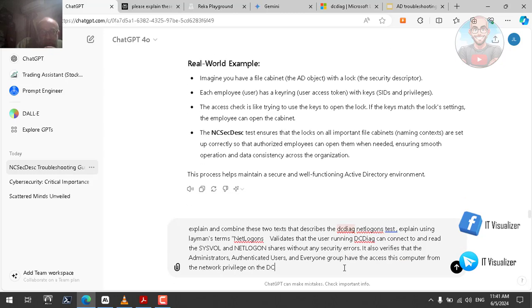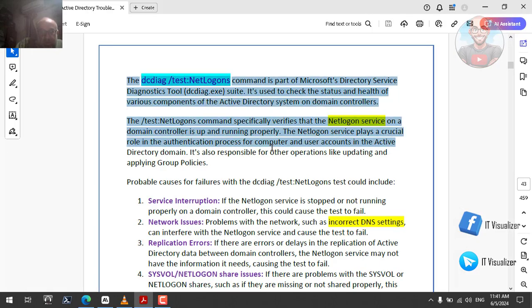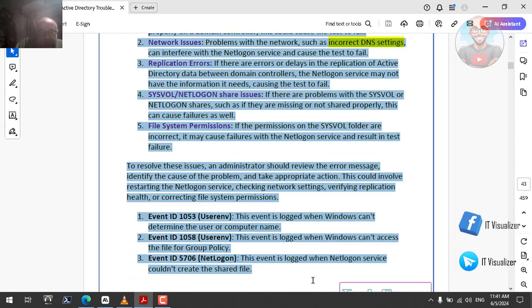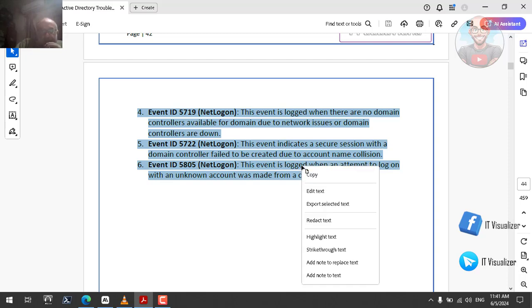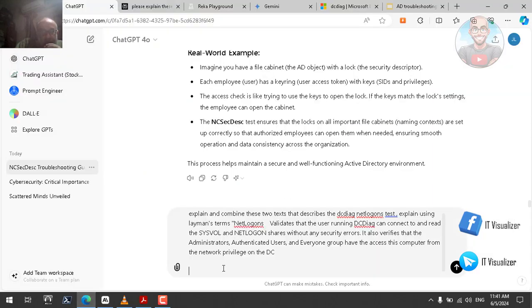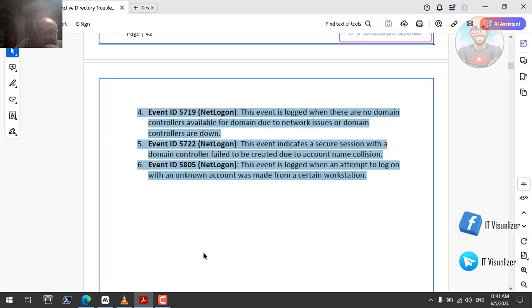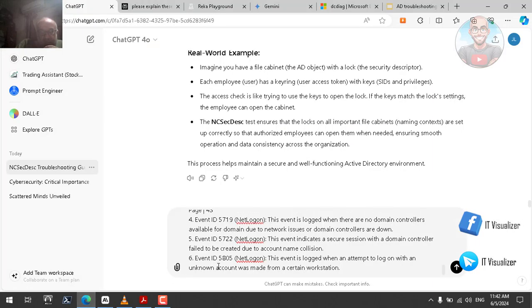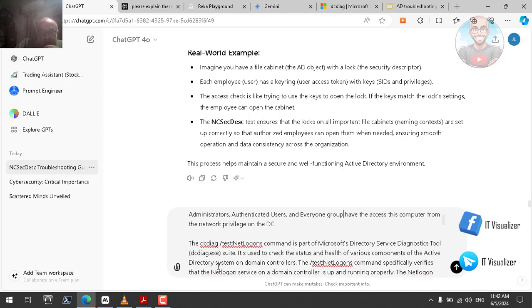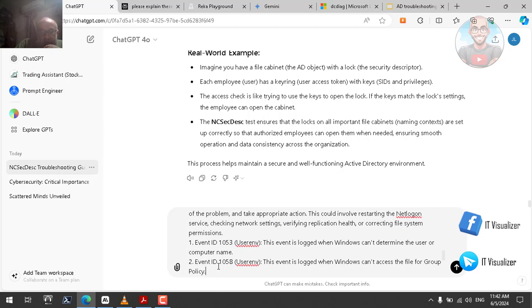This is the first one, and then shift enter and get the other one. Right click and copy. Okay, so we can put all of them in one. That's correct.